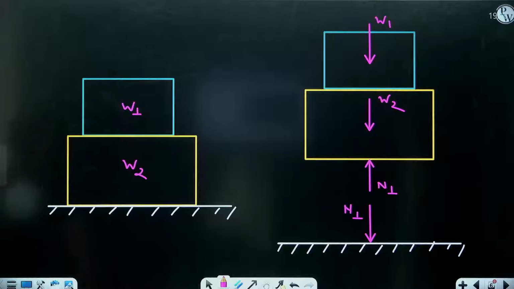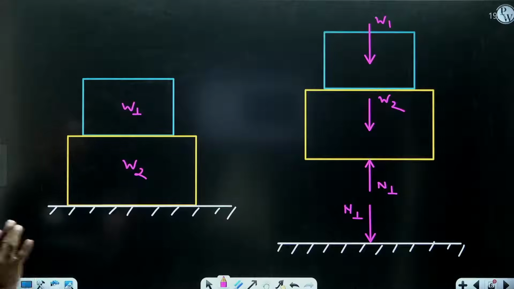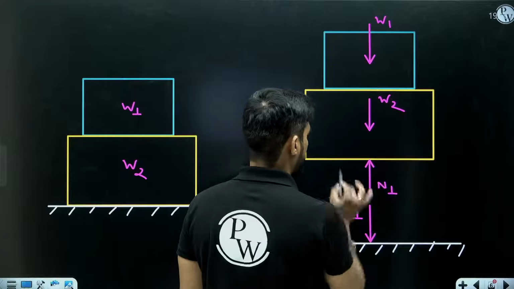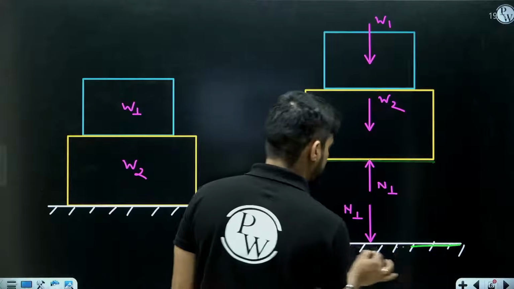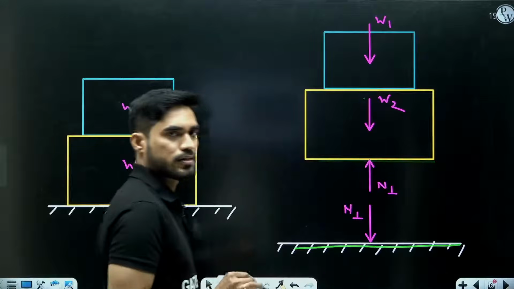So this is the free body diagram of both blue box and yellow box together. Right now I have only isolated the yellow box and the surface. I have not isolated the blue box and the yellow box.